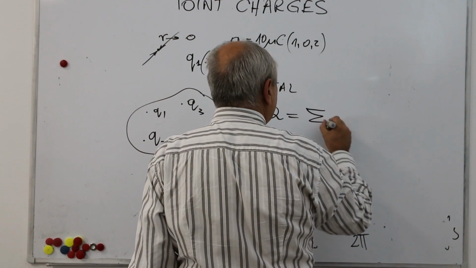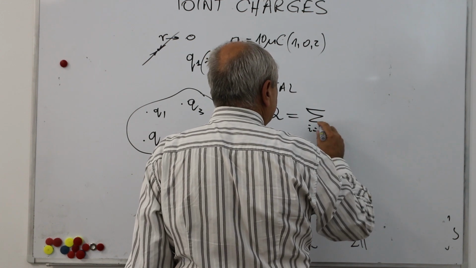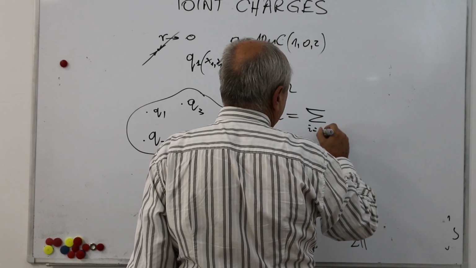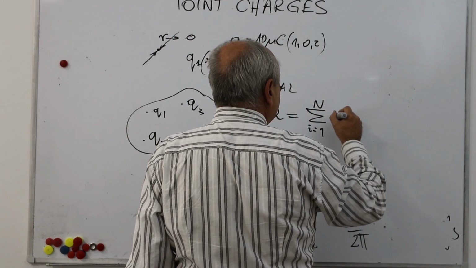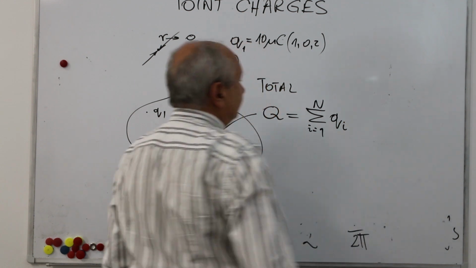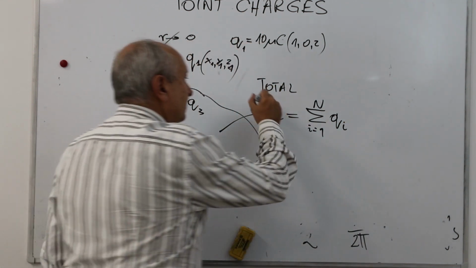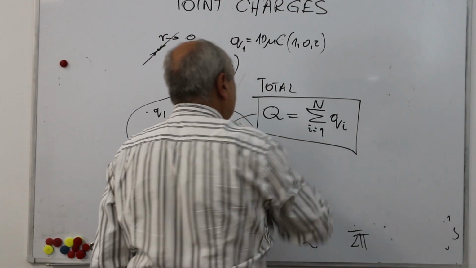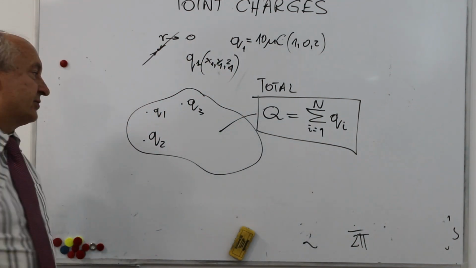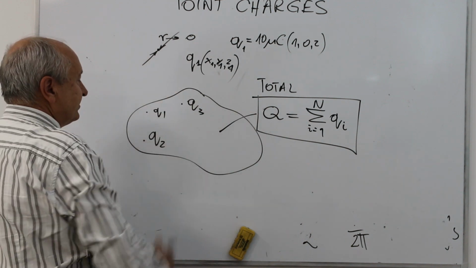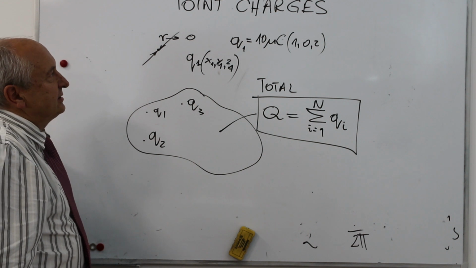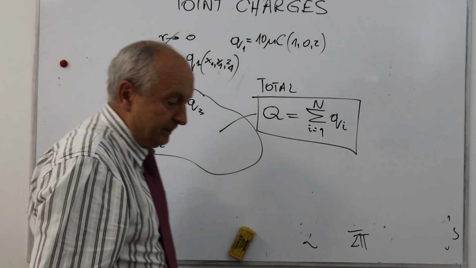This is the sum for i equal to 1 to n of Qi. This is the total charge that we find in this volume. This is a point charge distribution.